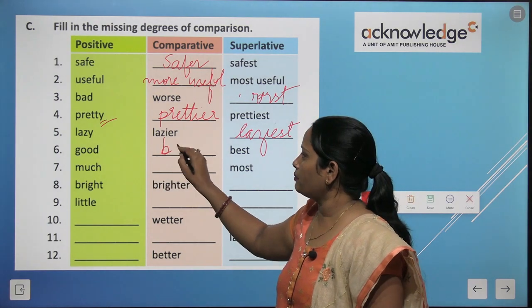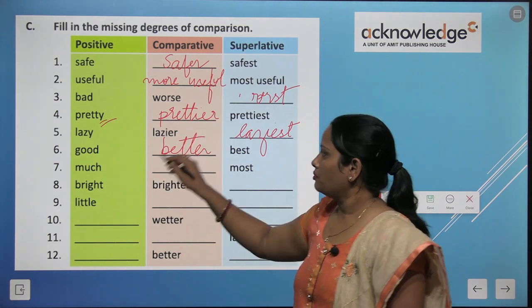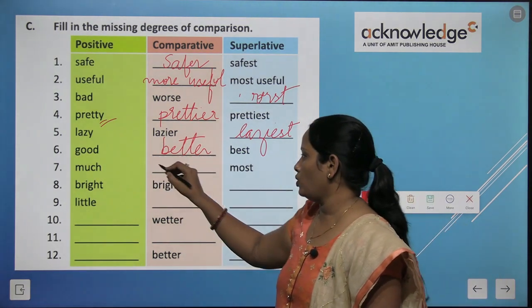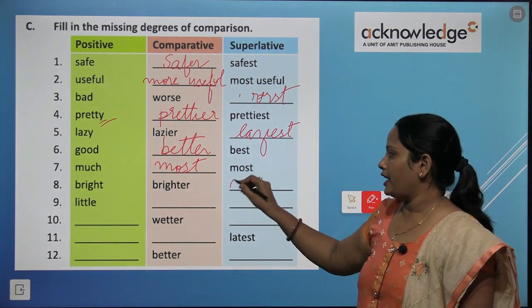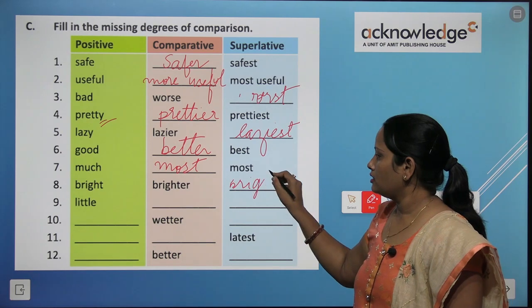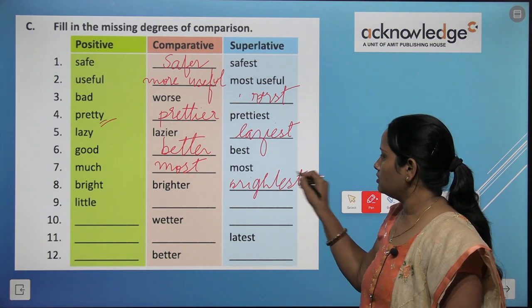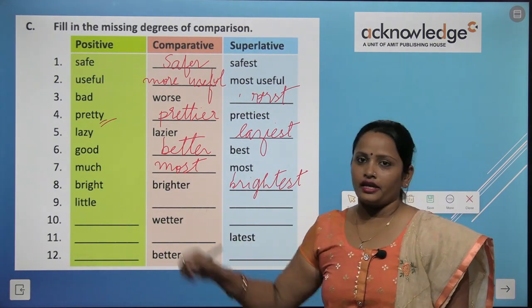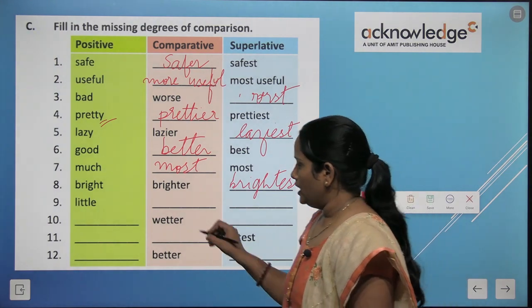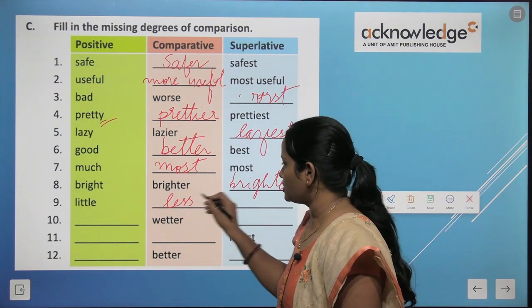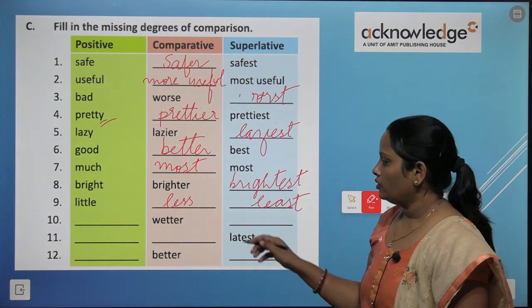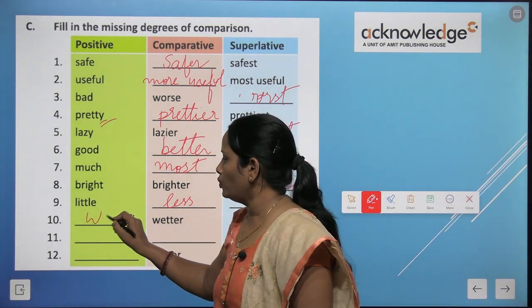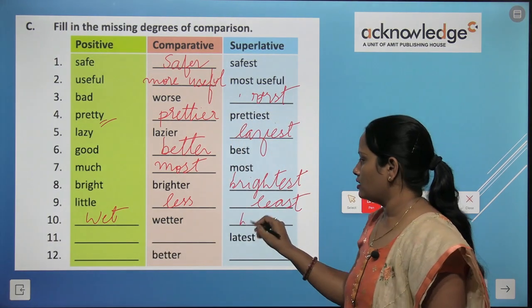Good, better, best. Much, more, most. Bright, brighter, brightest. And the next one is little, less, least. Wet, wetter, wettest.